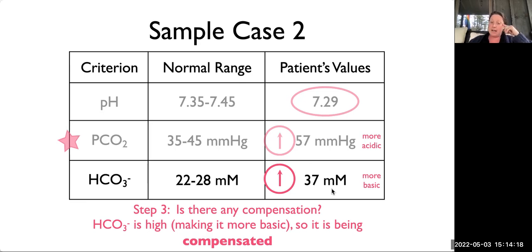But because bicarbonate is high and because bicarbonate is making things more basic, in other words, bringing the pH back up from being too acidic, that means that our renal mechanism is working to get rid of the excess acid and is putting bicarbonate in the plasma to try and soak up some of the acid. So this person has respiratory acidosis that is being compensated.